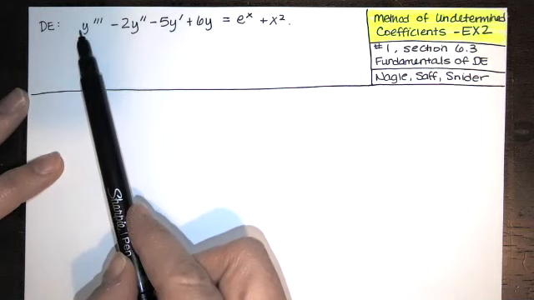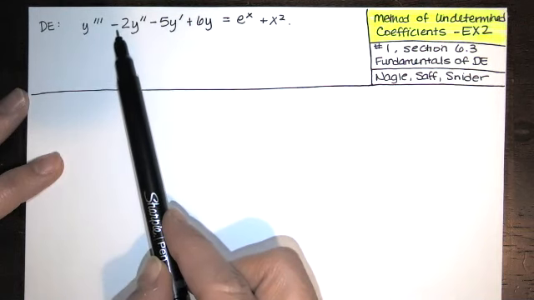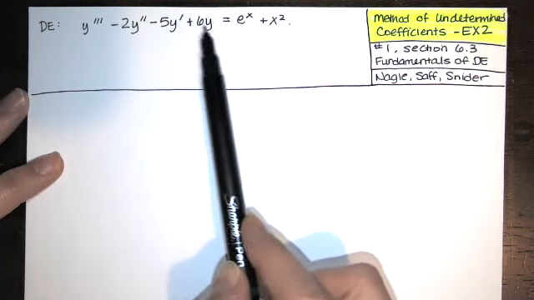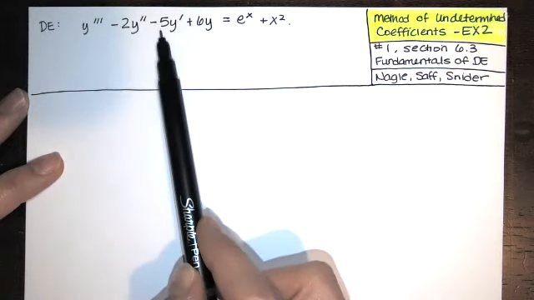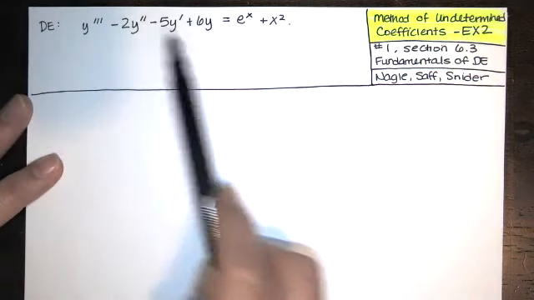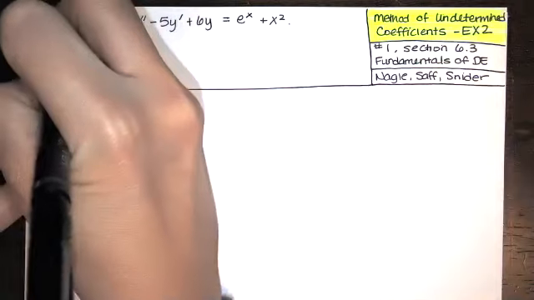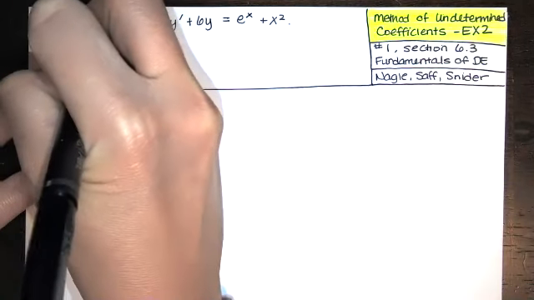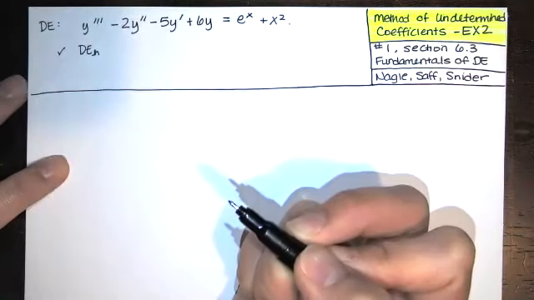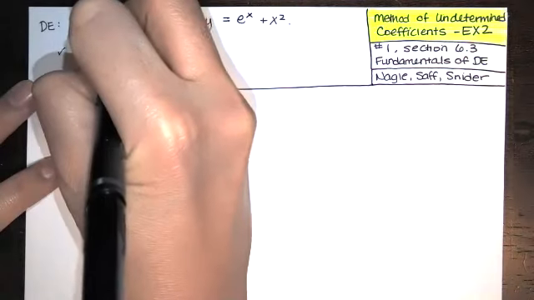And notice that the coefficients in front of y triple prime, y double prime, y prime, and y are just 1, -2, -5, and 6. So the corresponding homogeneous equation has constant coefficients. That's our first thing that we need to check off. I'm going to denote that by dE sub h for corresponding homogeneous equation.